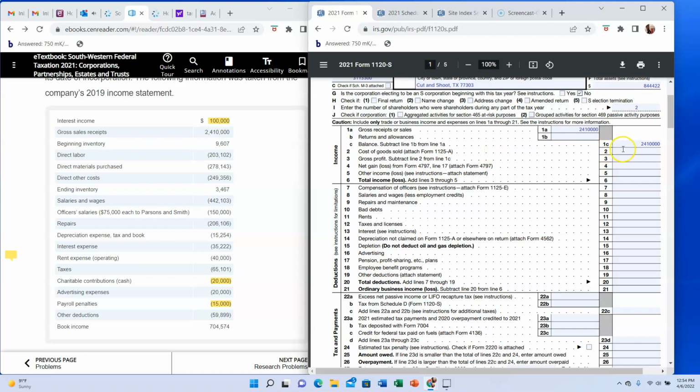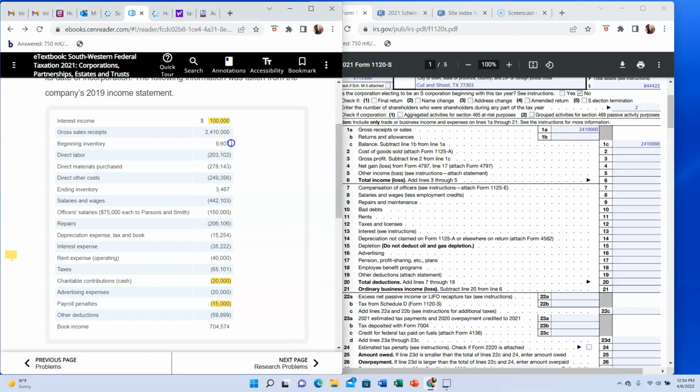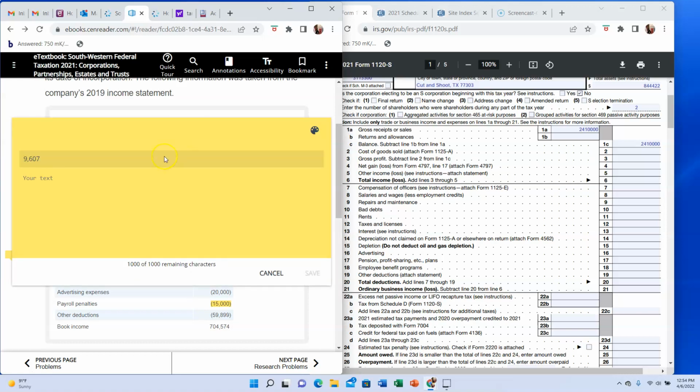All right, then we have to do the cost of goods sold. They didn't calculate it for us, but it's beginning inventory plus these direct costs minus the ending inventory. So cost of goods sold equals the beginning inventory plus the direct costs: 9,607 plus 203,102 plus 278,143 plus 249,356 minus 3,467.